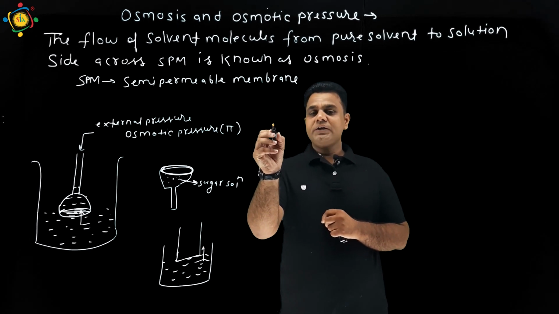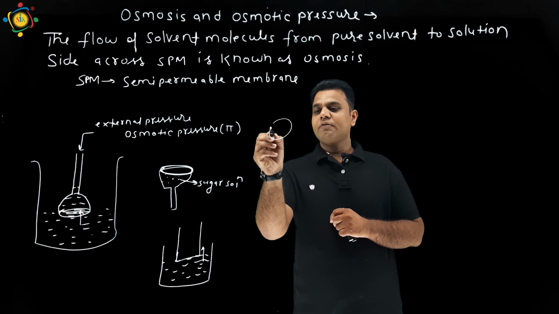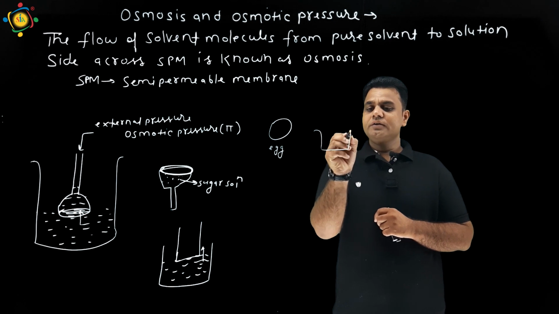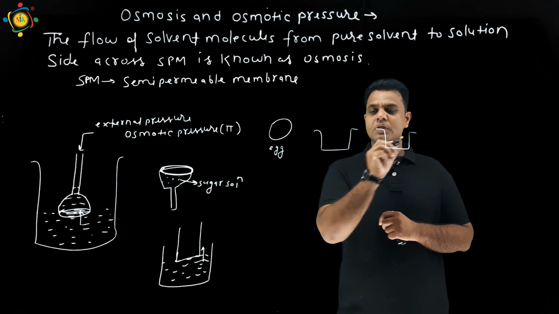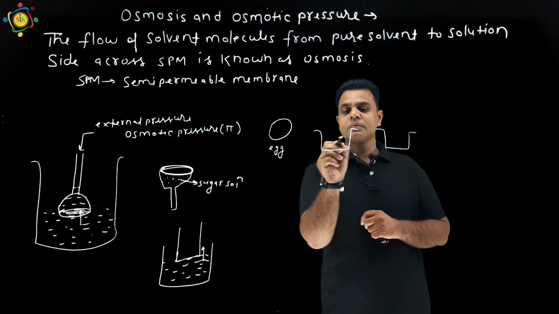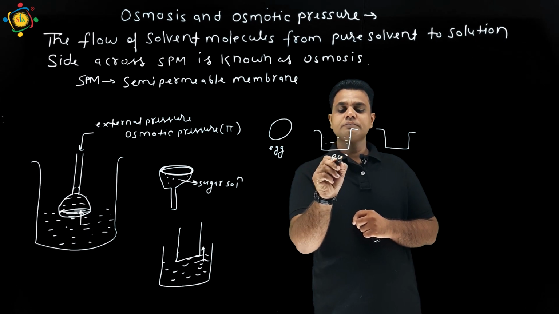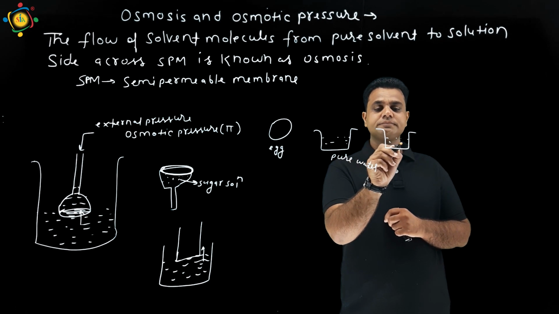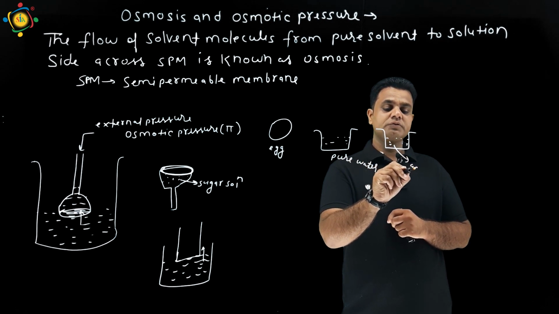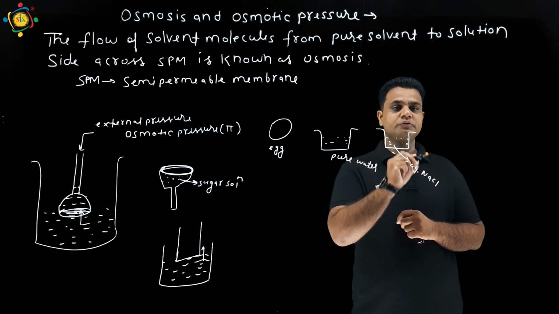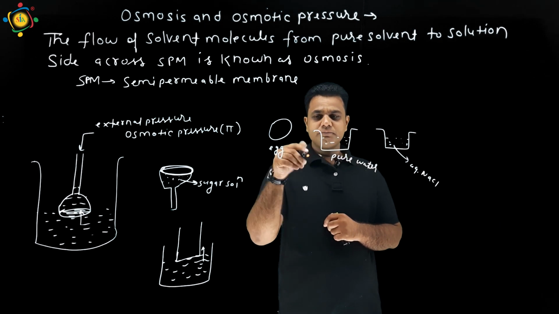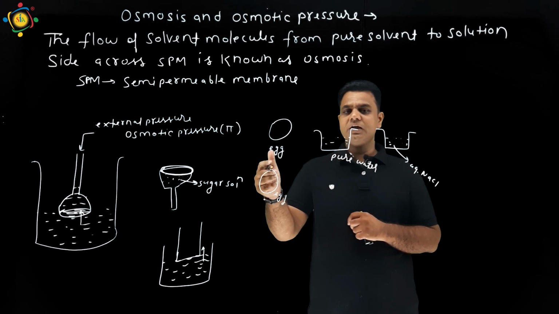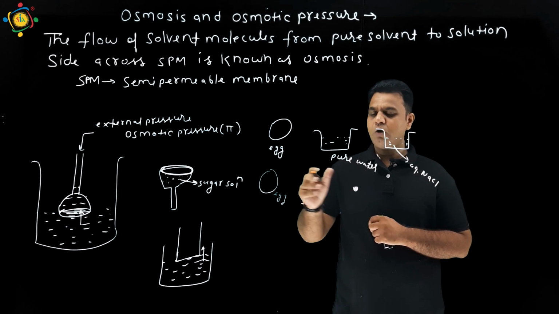Similarly, when we take a fresh egg, this egg is put in two beakers, one containing pure water and the other containing aqueous sodium chloride solution. So students, these are fresh eggs after removing their hard outer surface.